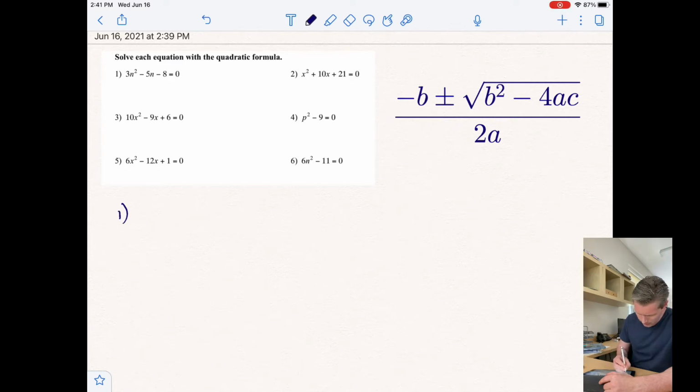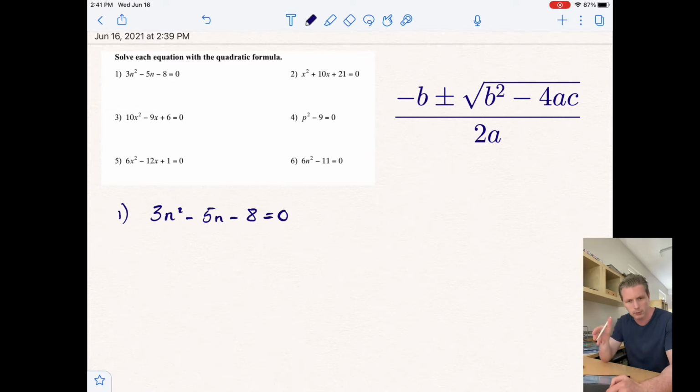Starting with question number 1. I have a quadratic in n: 3n squared minus 5n minus 8 is equal to 0. Notice that my quadratic is already in the form ax squared plus bx plus c equals 0, so I can just read off the coefficients on each term.